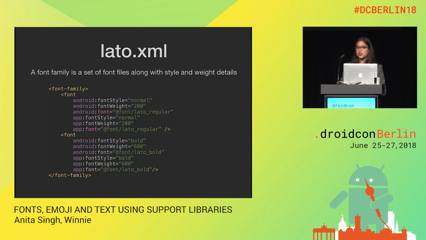In the case of Lato, you have Lato Black, Lato Semi-Bold, Lato Bold, and you don't want to refer to 5, 6 different custom fonts all throughout your layout files. So this is where font family files are really helpful, because you can set the relationship between the weight and the style, and you can just use the font family all over your layout file. You don't have to use different custom fonts, which is really convenient.